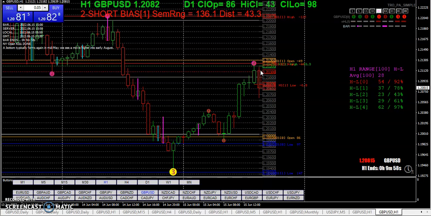And you can see price dropped 10, 20, 30, 40, almost 50 pips. The range was 54, but there was a little upper wick and then price reversed. Once again, that looked pretty simple.